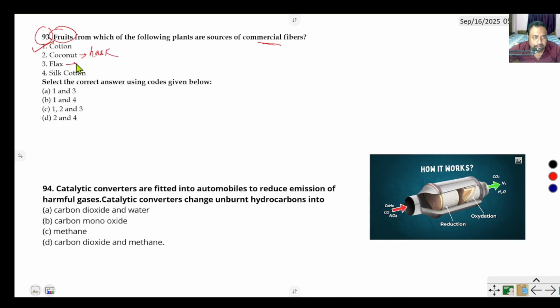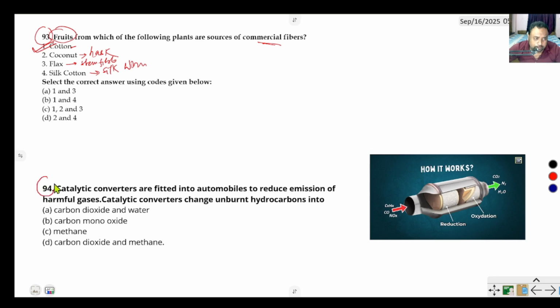Flax is a stem fiber. Silk is from silkworm. The true fruit fiber is actually cotton. So only one option is correct.